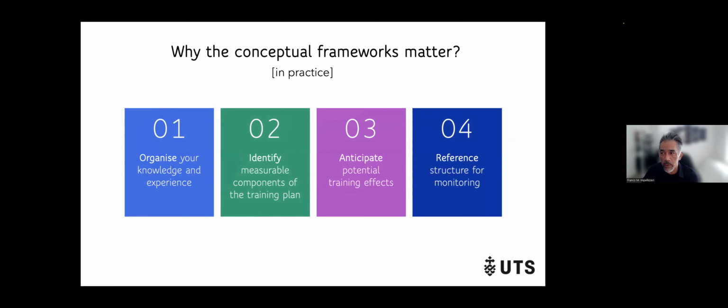We train someone with strength training because we think strength training improves a characteristic, so it causes an improvement in a characteristic, and this improvement in characteristic causes an improvement in performance. And the framework, as I explained with the first framework we presented, is also a structure for monitoring. So what aspect of the training am I measuring and do I want to monitor?